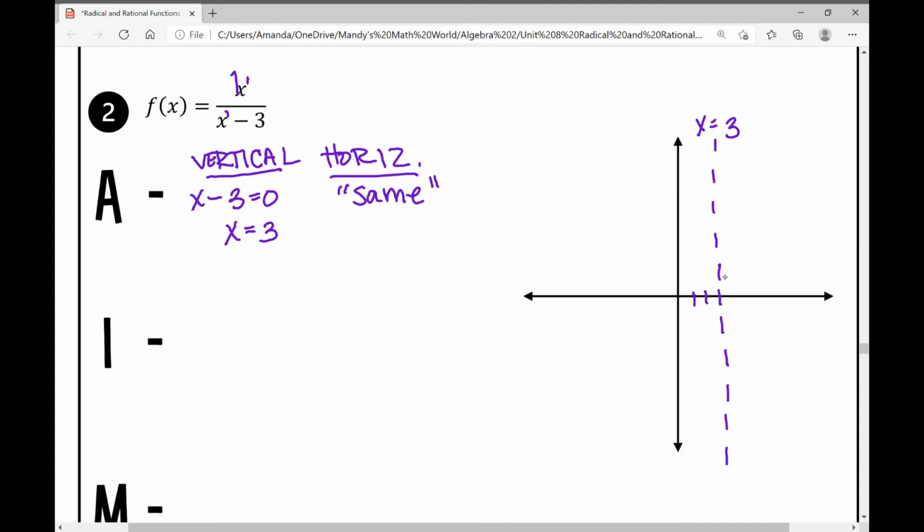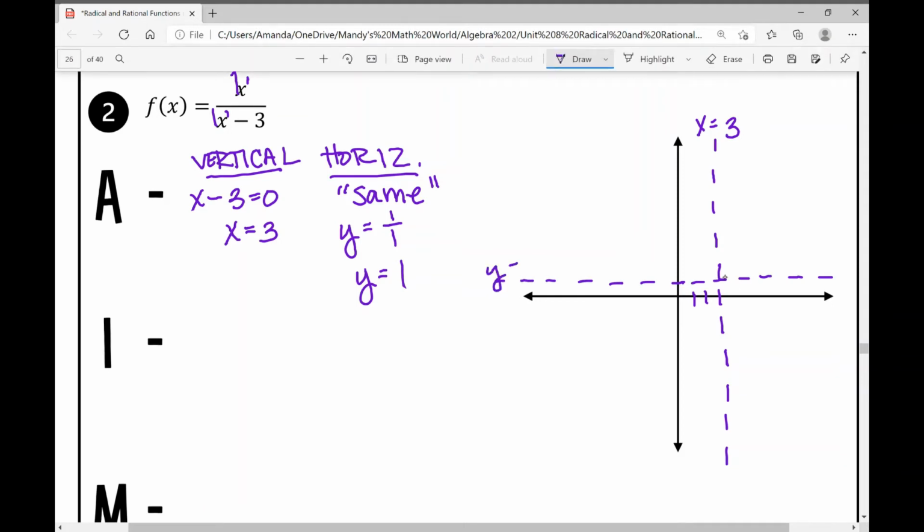Remember, if nothing is in front of that variable, it's 1. So it's going to be y equals 1 over 1, which is just y equals 1. So my horizontal asymptote in this case, because it's the same, I'm going to go up 1, and then the horizontal asymptote is just a horizontal line that goes through that point, because every single point on that line is y equals 1.